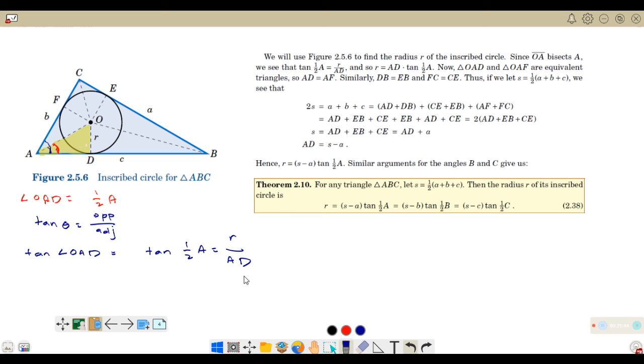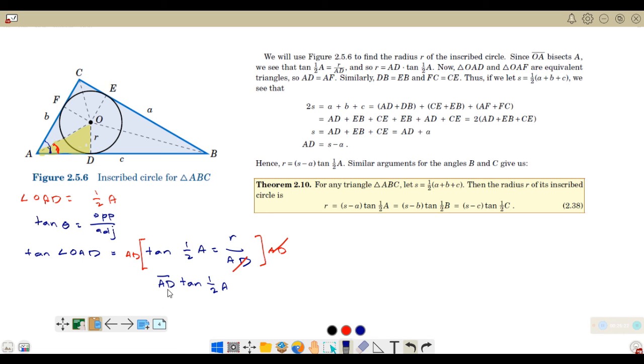Okay? So, kung hahanapin natin si R, we have to get rid of AD by using multiplication property of equality. So, tanggal na si AD, we are going to end up with AD tangent 1/2 A. To be specific, this is the measurement of AD ha.